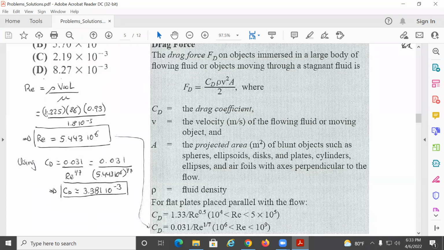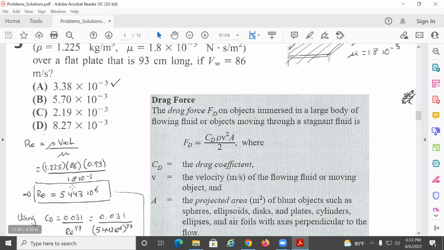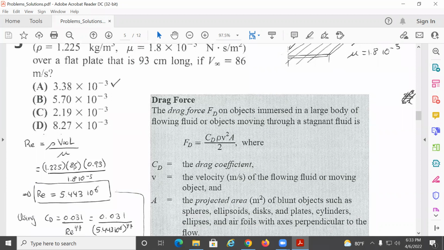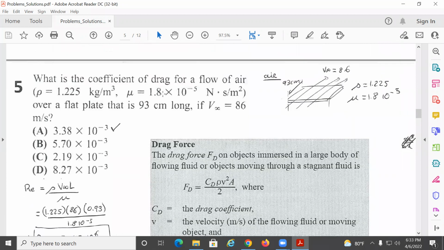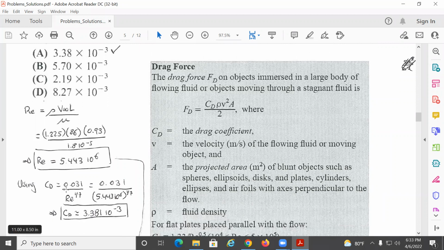So in this case, we get 1.225, that was given over here, divided by 1.81 times 10 to the minus 5, times the velocity of the flow, 86, times the length of the plate, which is 93 centimeters or 0.93 meters. And we're going to get a Reynolds number of 5.443 times 10 to the 6.